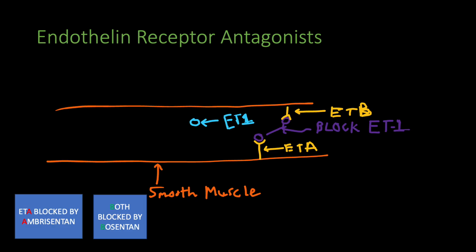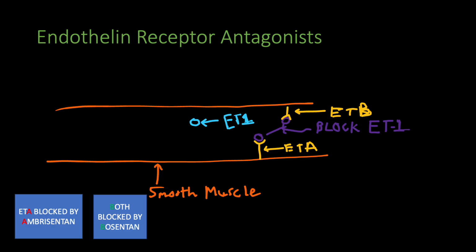So you could see here, I already briefly talked about the ET1 peptide. In this case, it's a peptide that's produced by the smooth muscle. Under normal circumstances, it would bind to ETA and ETB, and it would just balance that vasoconstriction and vasodilation.